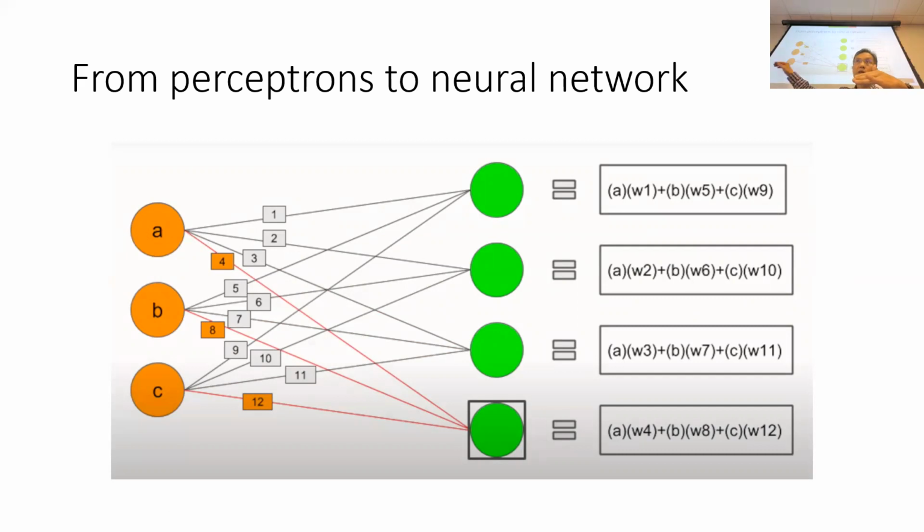Or if you use the logistic regression curve, you have a value between 0 and 1, and you give the output of this as input to all the next level of neurons. You make 4 identical copies and give them as input to the next level, because the next level has 4 neurons.